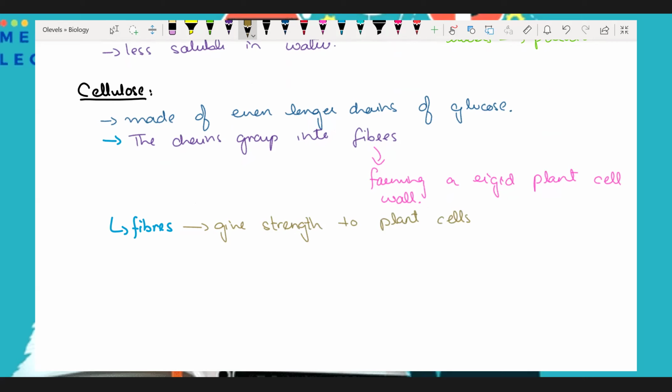Those fibers present in cellulose give strength to plant cells, and they're only visible under a microscope. And also, this cellulose is not soluble in water. Is that clear till here, children?